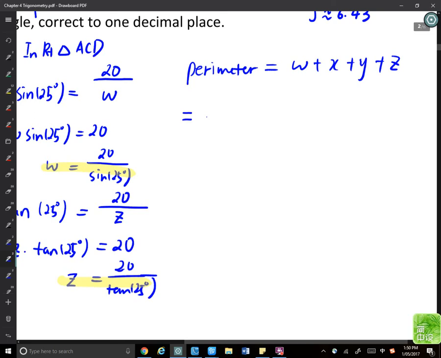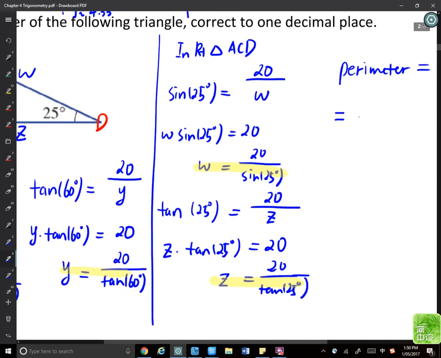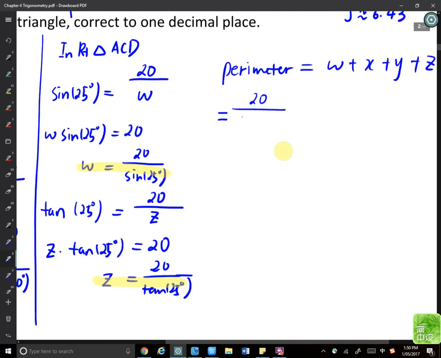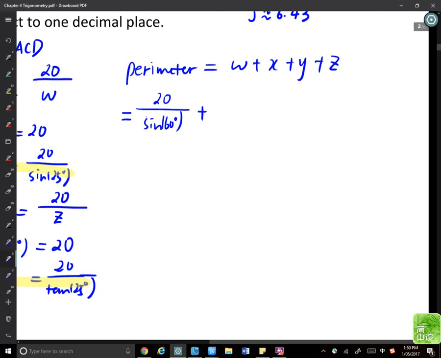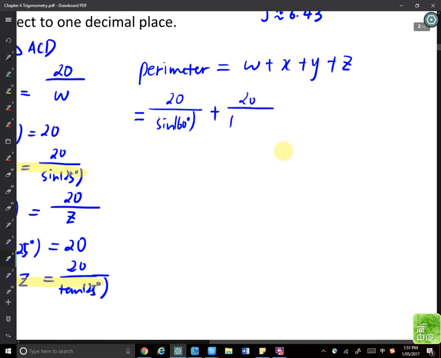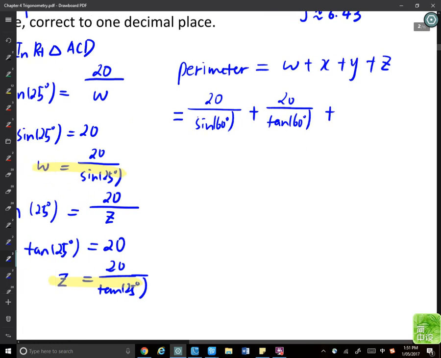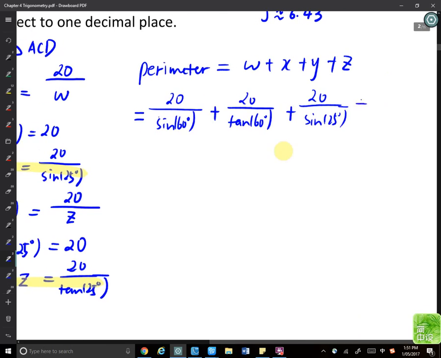And that will equal 20 over sine 60 plus 20 over tangent 60 plus 20 over sine 25 plus 20 over tangent 25.